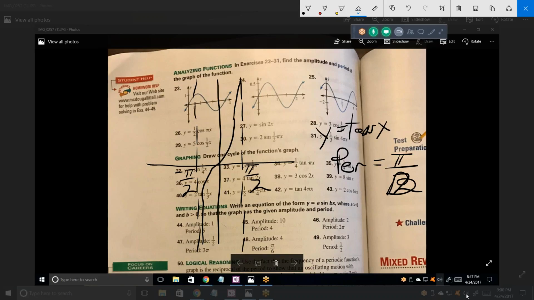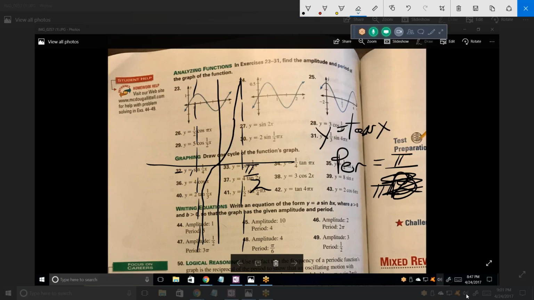What's pi over pi? 1. Remember, the period is pi over b. That's all you need to know. The period is pi over b, and we can see that b is pi. So I plug in pi for b, and I get pi over pi, so the period is 1.